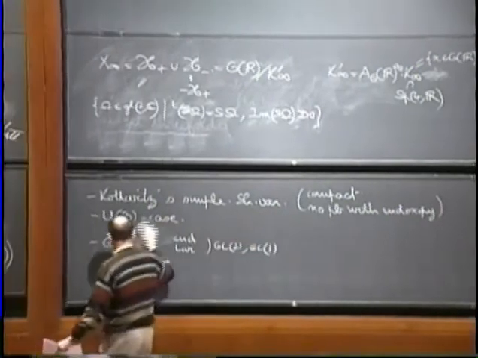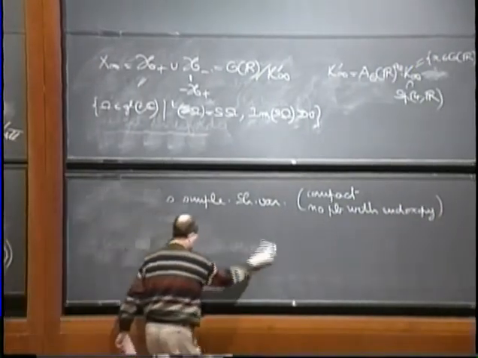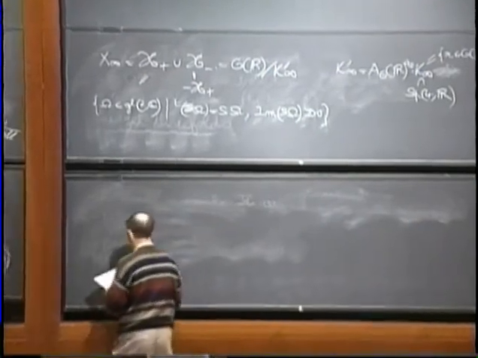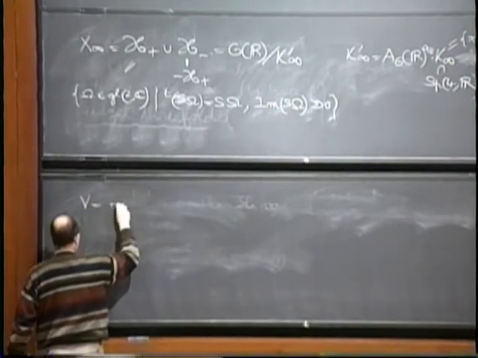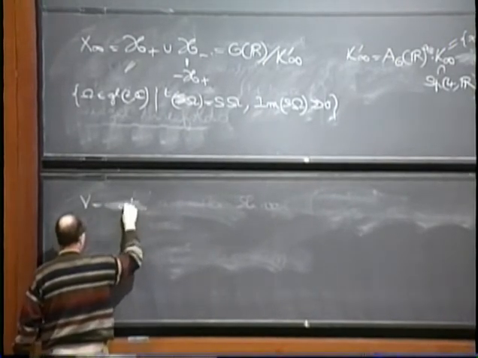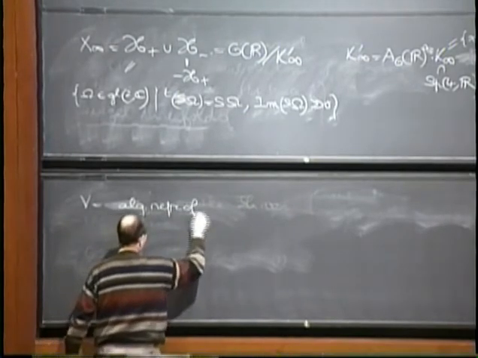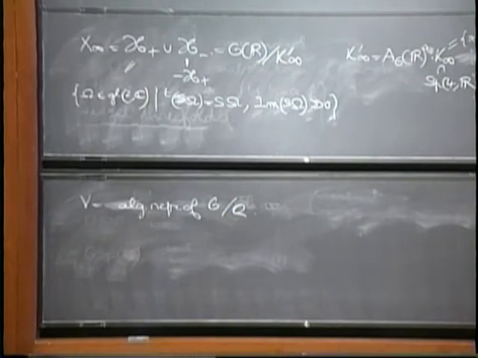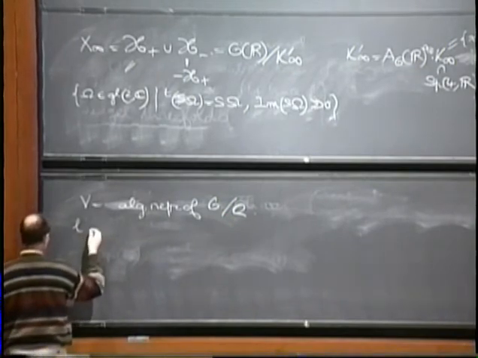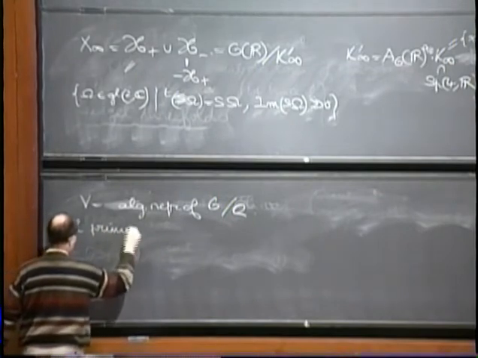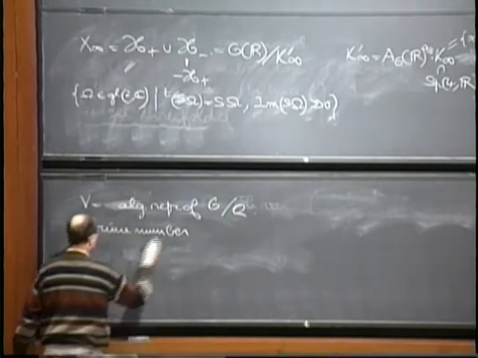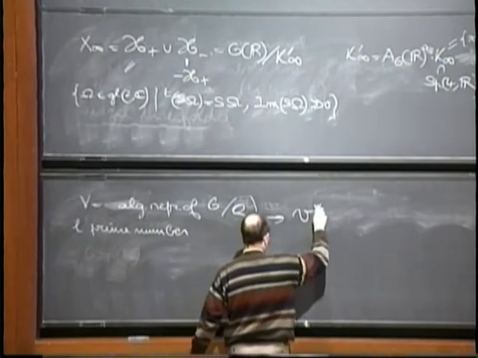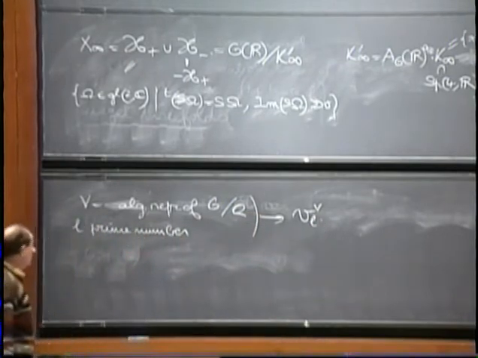So each time we have such an algebraic representation V of G over Q, I will fix some prime number l and look at l-adic local systems. So there is associated to that an l-adic local system. In fact, I will take the dual of it on S_n.